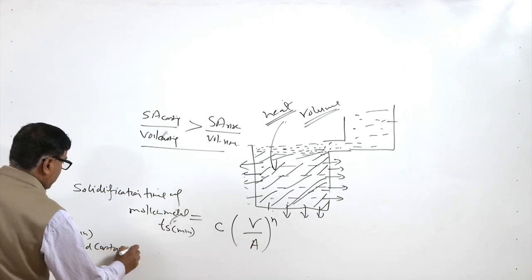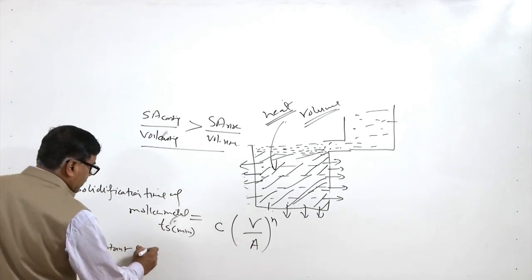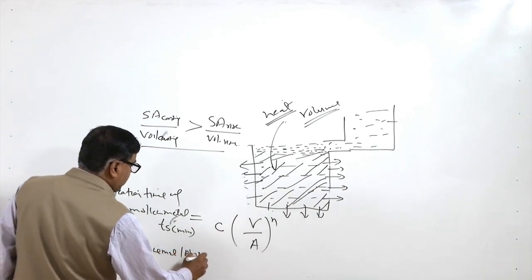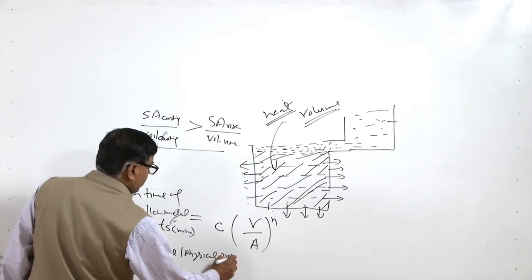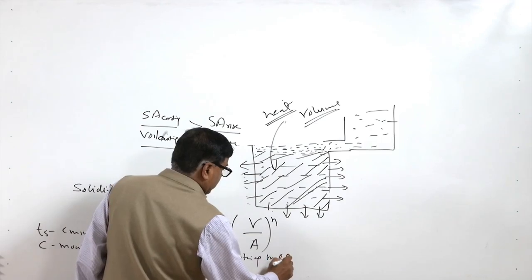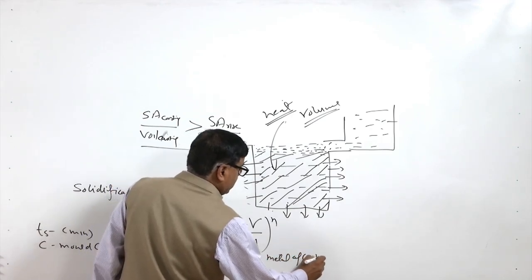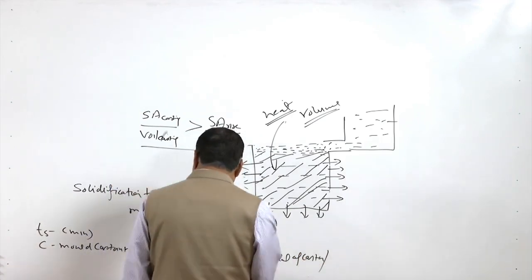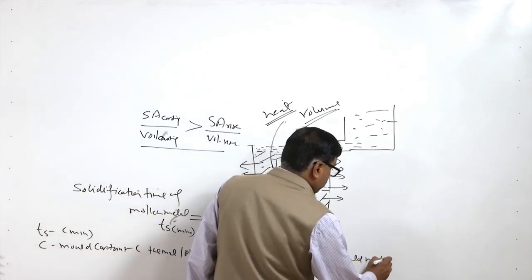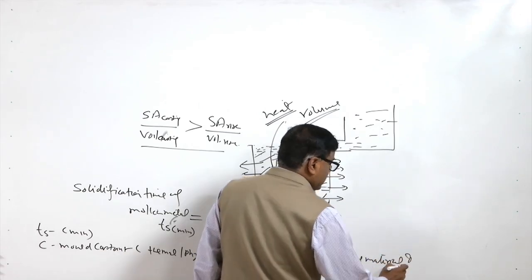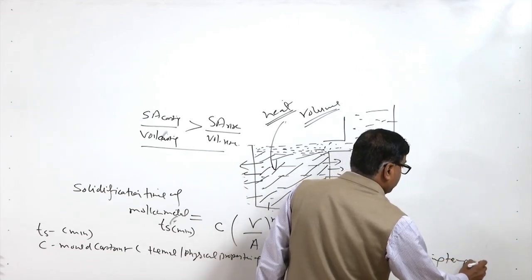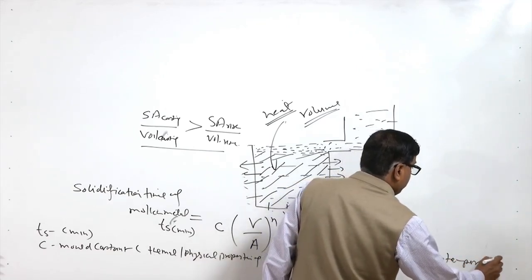The solidification time Ts is given in minutes, and C is the mold constant. It depends on the thermal and physical properties of the metal of the casting, as well as the thermal and physical properties of the mold material, as well as the pouring temperature, at which the molten metal is poured into the mold.